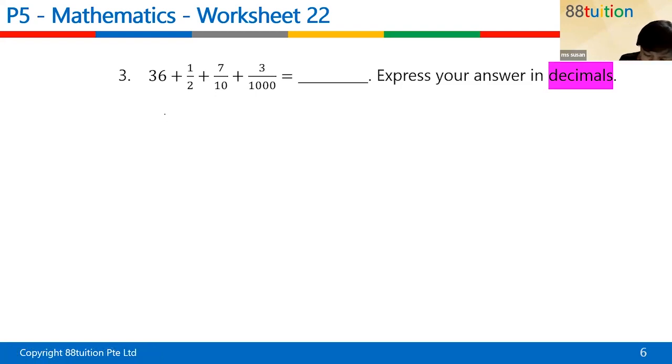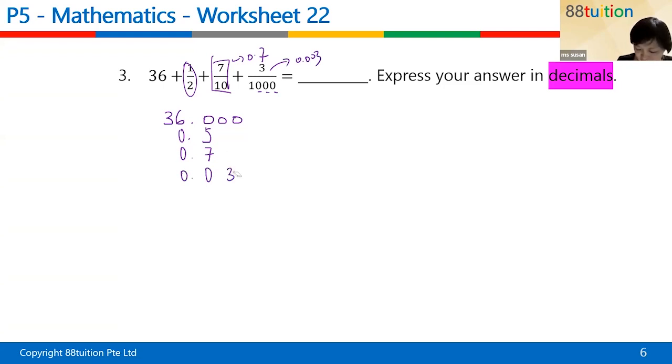Let's take a look. I have 36. Okay, how many zeros am I going to put? 30, because I got thousands here. So I have this one as 0.5. This one will be 0.7. This one will be 0.03.